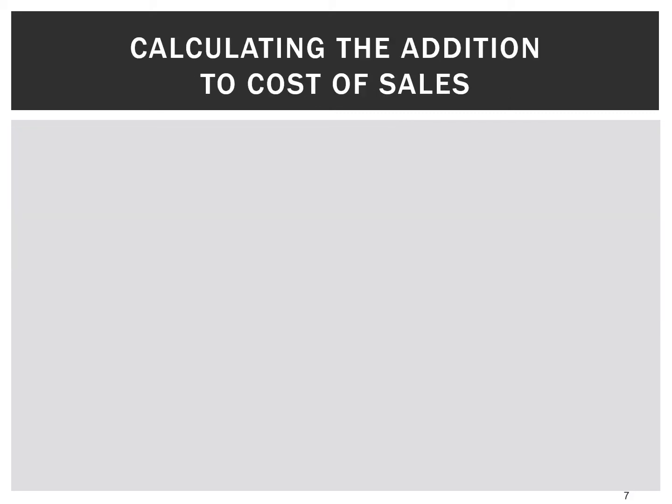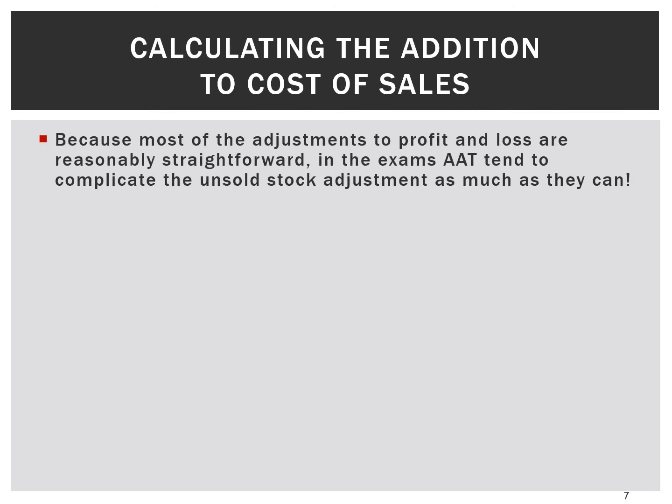Now, with a bit of practice, most of the adjustments to the profit and loss account are relatively straightforward, and because of that, AAT tend to complicate somewhat the unsold stock adjustment calculations.